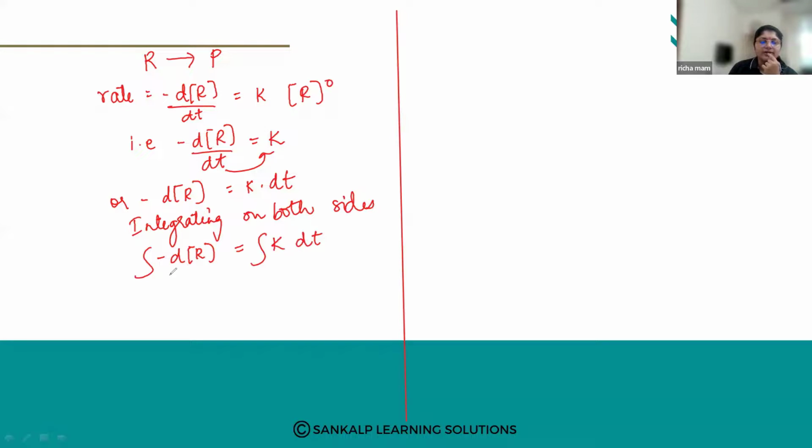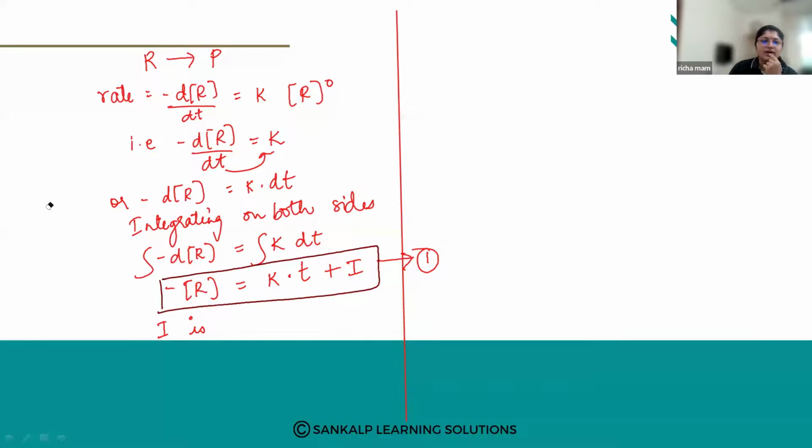Integration of minus dR is minus R, and integration of k dt is k t plus I. So this is equation number 1. I is the constant of integration.